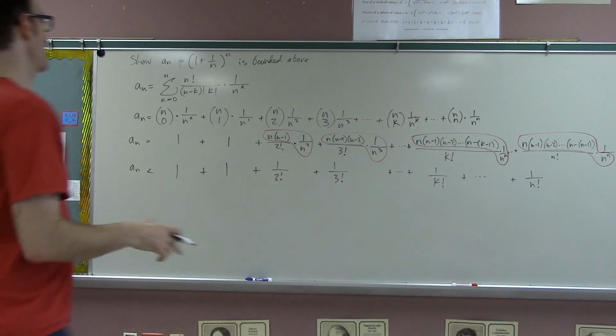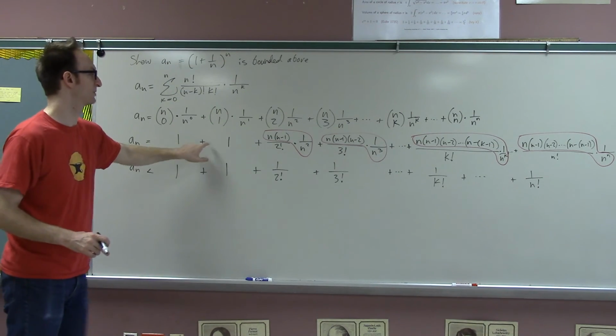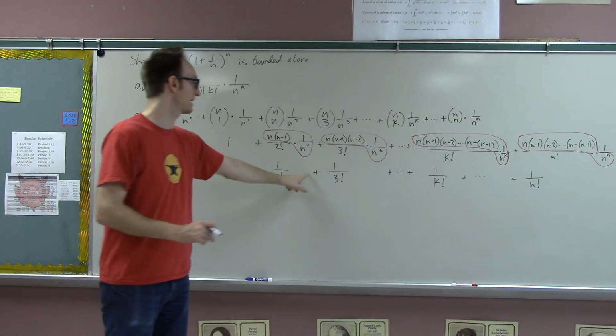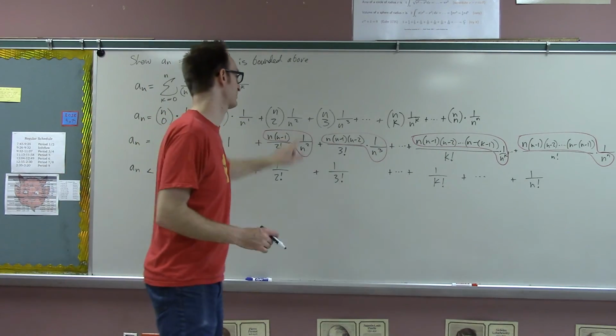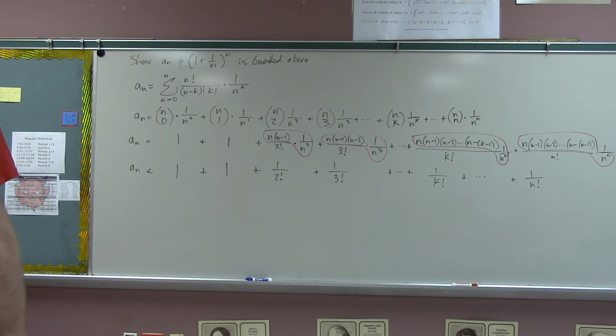Everyone's got the logic under control, right? This is less than this because I replaced this with something slightly bigger than it, by making all these things that are less than 1 equal to 1. Okay, well, now there's only a handful of series that I know anything really solid about, and one of those is the geometric. We did something kind of like this already.